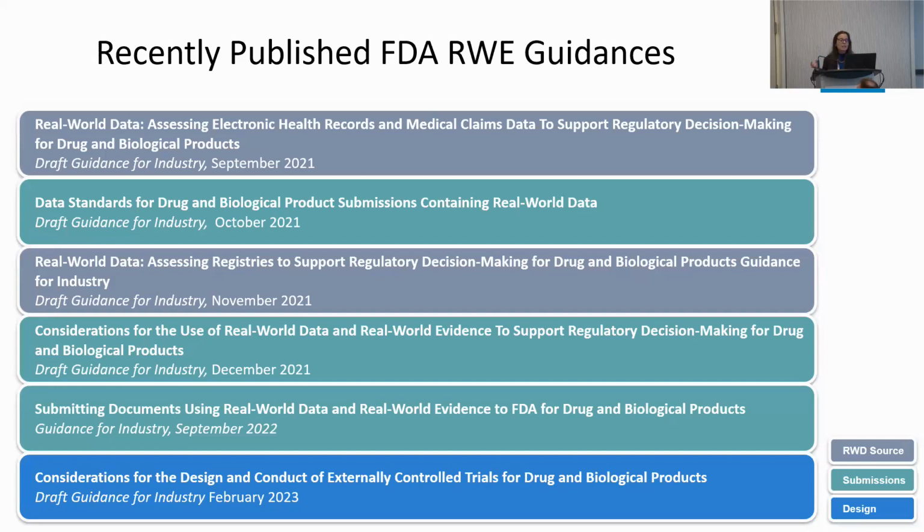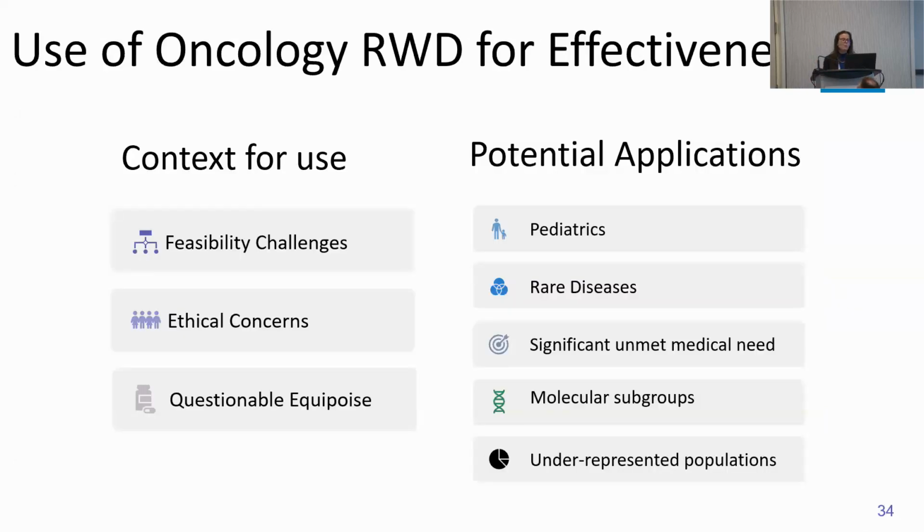The guidances are really useful, and I've broken them into three categories. There are two guidances that focus on RWE and RWD sources, so electronic health records, medical claims, and registries. There are three that focus on the submissions process of real-world data. And then there's one, our most recently released guidance, that focuses on design and is specific to externally controlled trials. I will briefly touch on that as well.